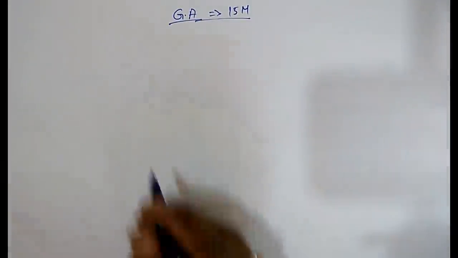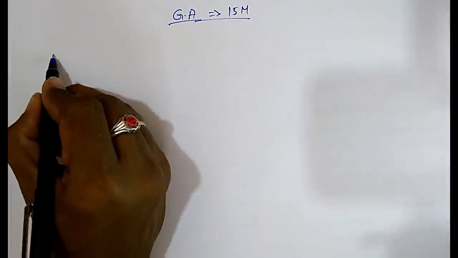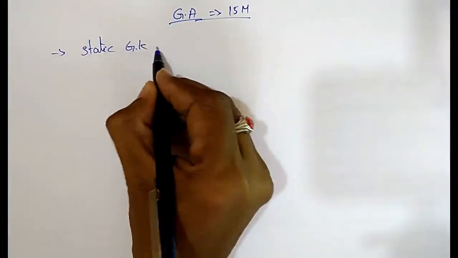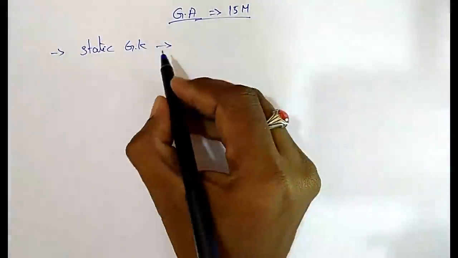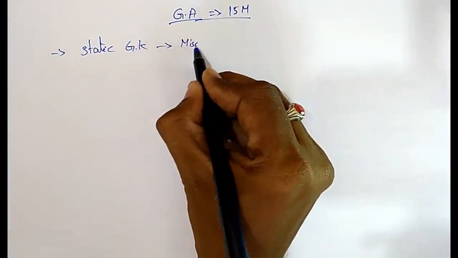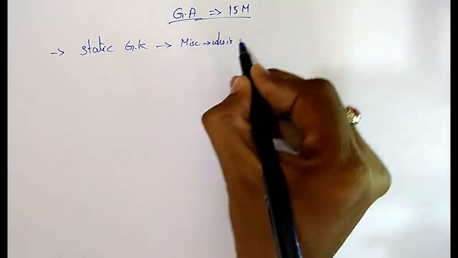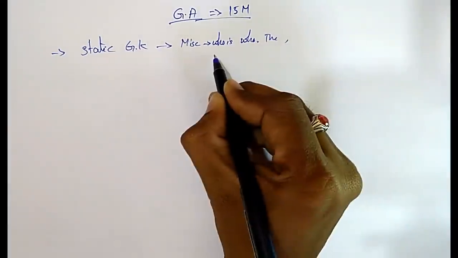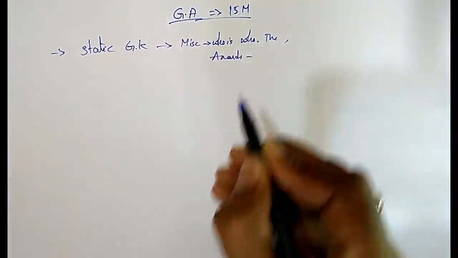In this general awareness, we have static GK. In this static GK, there are miscellaneous topics, that is, who is who, some important inventions, persons, and awards, like that.